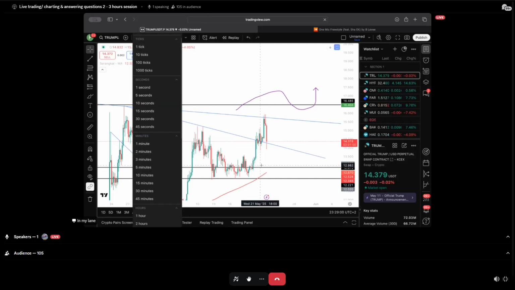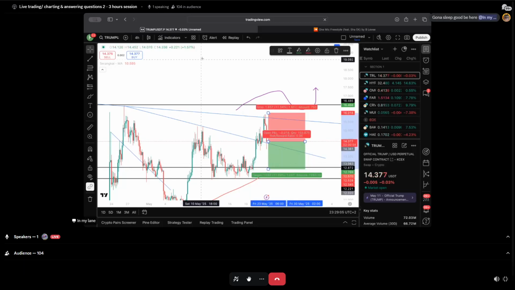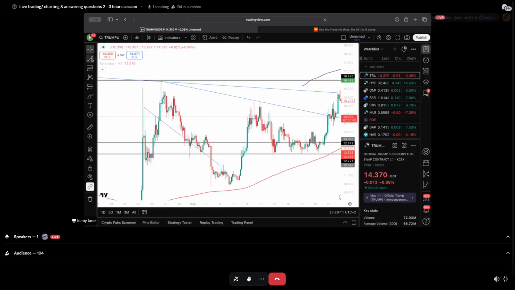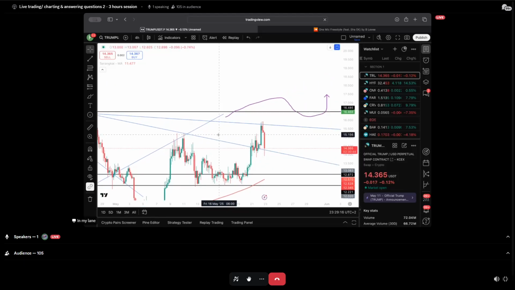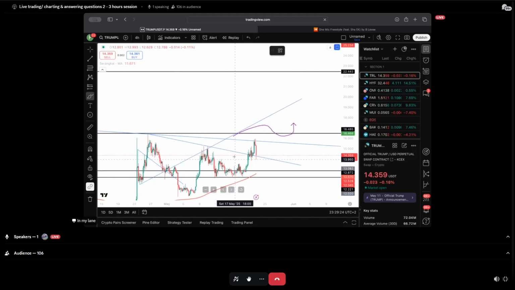Still, we could retest. I mean, look, it's so hard to tell, but how I'm looking at this coin right now, it's very tricky. It would be like this, then this, but there's news coming, so I wouldn't even try anything because it's just gambling.